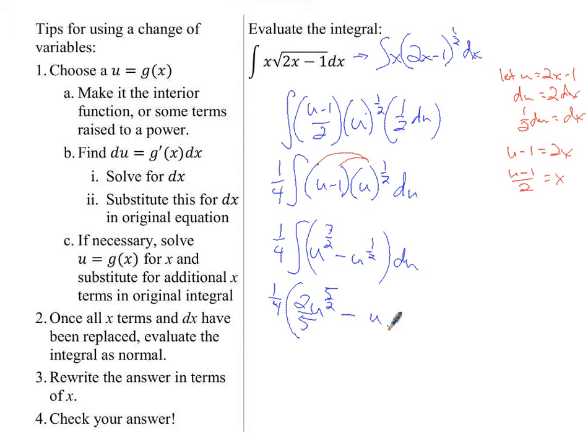Good, this becomes 3/2. So I divide by 3/2, which means I take the reciprocal: 2/3 u to the 3/2 plus c. Now what?